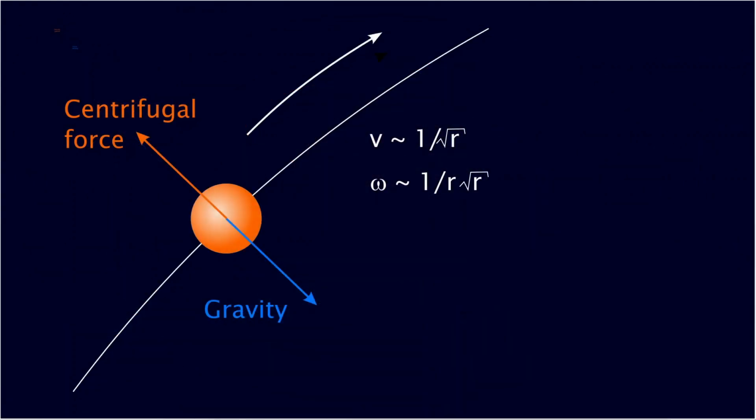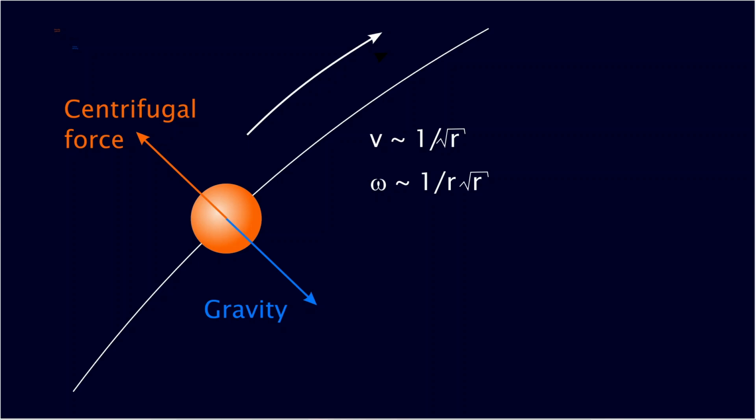Let's start by looking at the physical laws determining satellite orbits. We are looking here at an ideal circular orbit. In such a case, the gravity attracting the satellite towards Earth has to have the same value as the centrifugal force which is driving the satellite away from Earth.